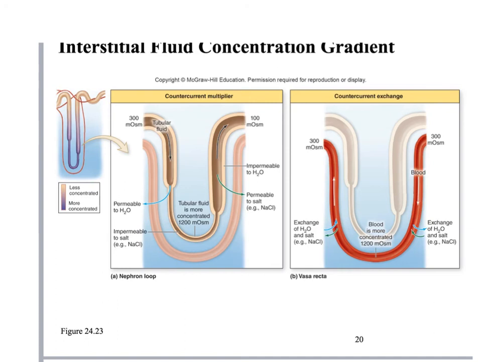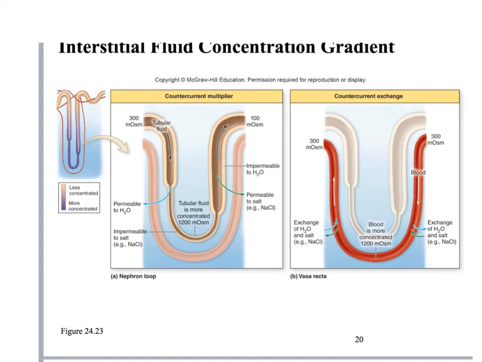We have a descending limb, where it's going down, and then the ascending limb where it's coming out of the medulla towards the cortex. The two sides, the descending limb and the ascending limb, are selectively permeable to water and salt. The descending limb is freely permeable to water.